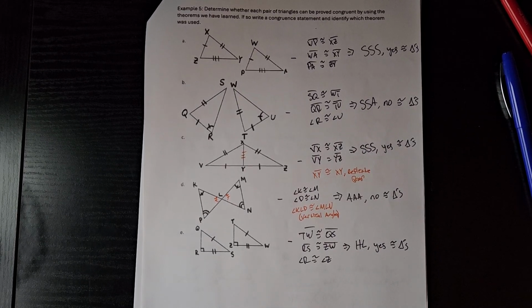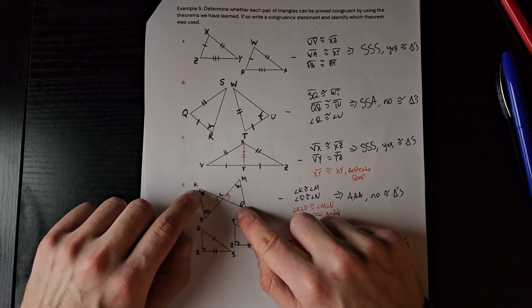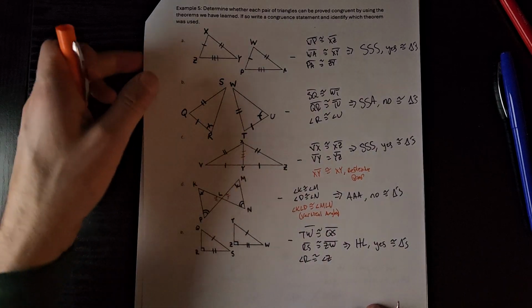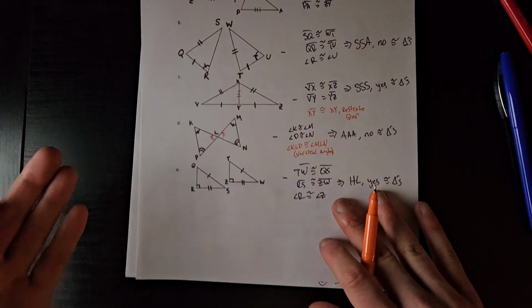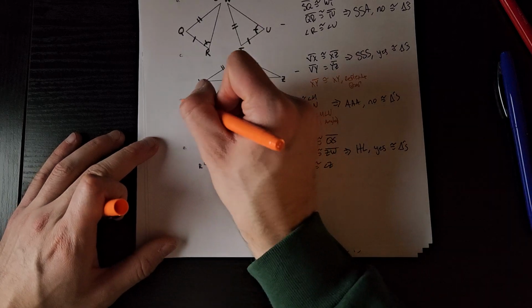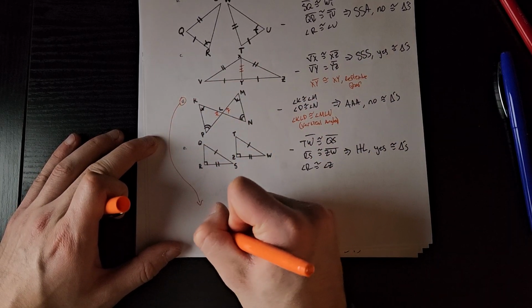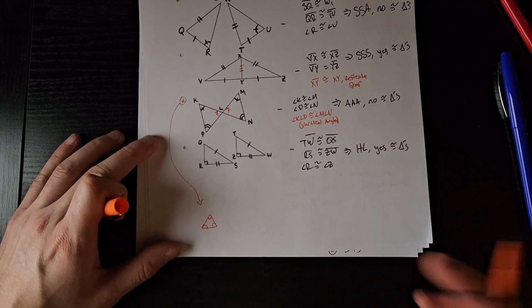Angle, angle, angle is a case like SSA, where we can have some congruent parts, but it might not mean the triangles are fully congruent. You can have these angles be completely the same. Think of equilateral triangles actually for D. That's an equilateral triangle.